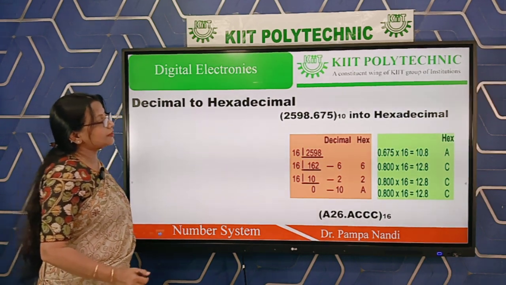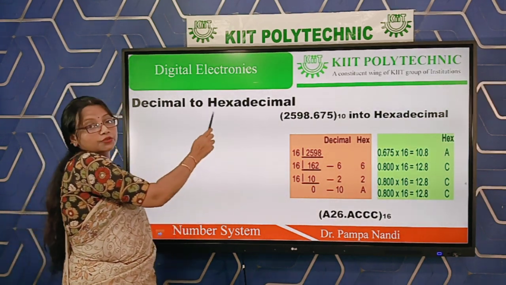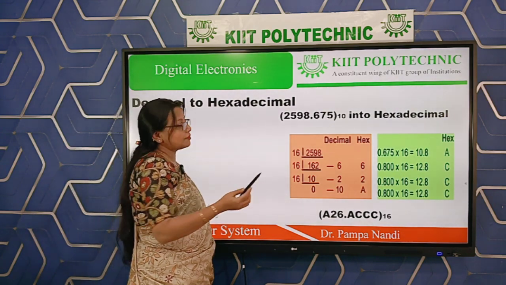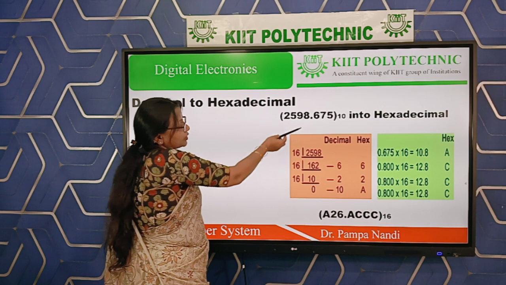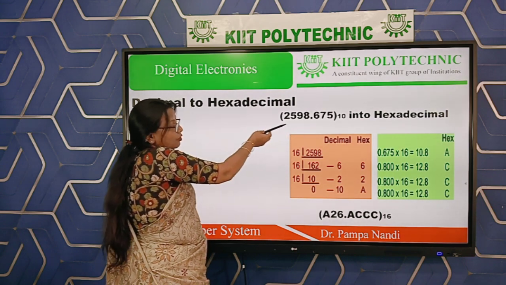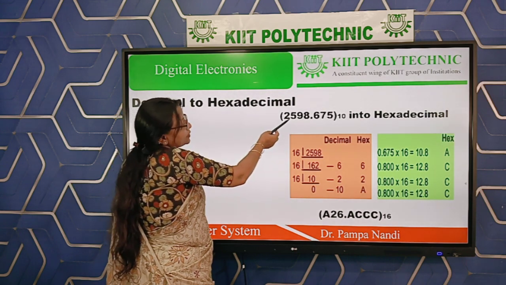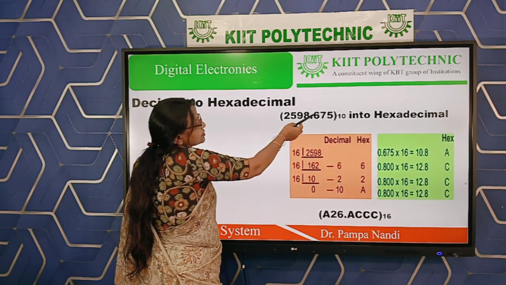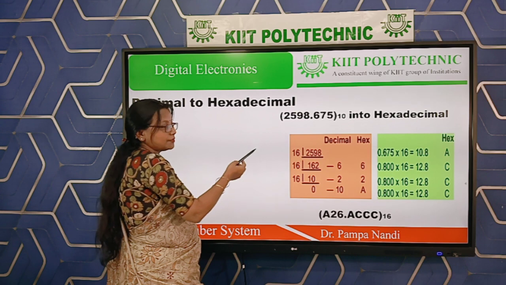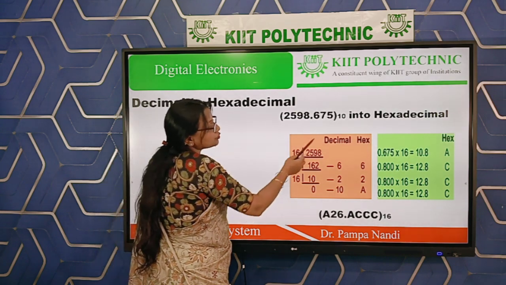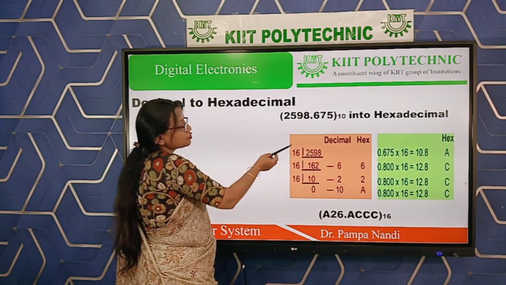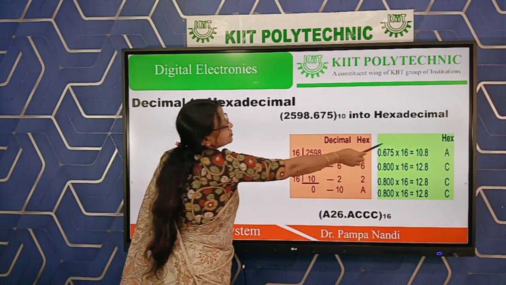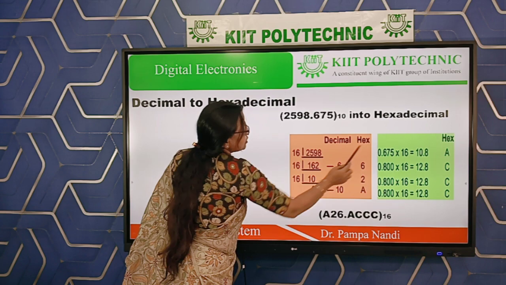The next one is decimal to hexadecimal. Decimal to hexadecimal, what is the base? Base value is 16. So here I have taken one decimal number, that is 2598.675. This is my decimal number. Now I am going to change it into hexadecimal. So again, this is the integer portion and this is the fraction portion.